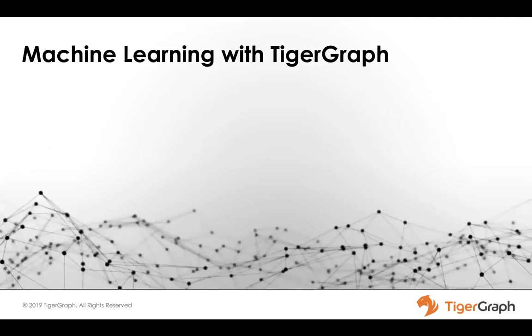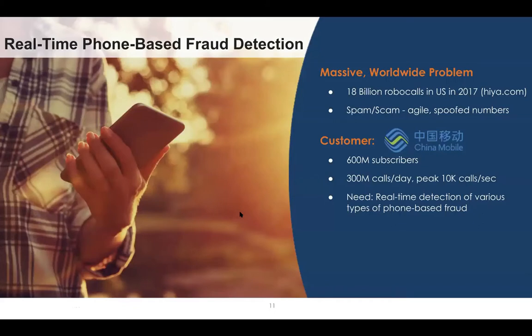All right, let's go into the machine learning use cases with TigerGraph. First of all, just some background. This use case is about real-time phone-based fraud detection with one of our customers, China Mobile. Phone-based fraud or robocalls is a widespread problem in the world. Statistics show that in 2017, there were about 18 billion robocalls in the US alone.